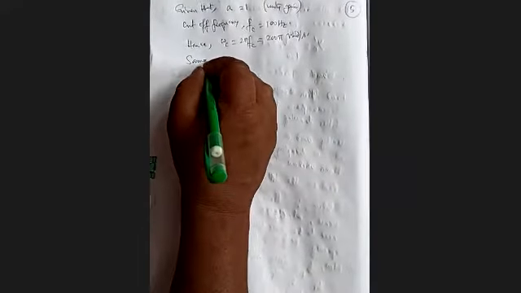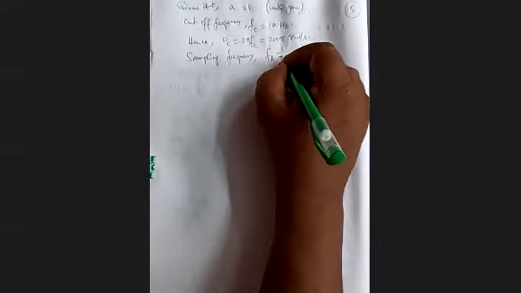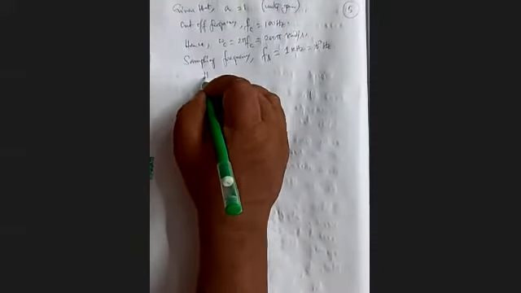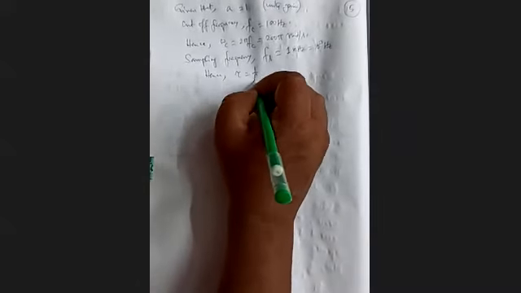Sampling frequency Fs equal to 1 kilohertz, 10 to the power 3 hertz. So hence tau equal to 1 by Fs or 10 to the power minus 3 second, and omega s equal to 2 pi Fs, or it is 2 pi into 10 to the power 3 radian per second.